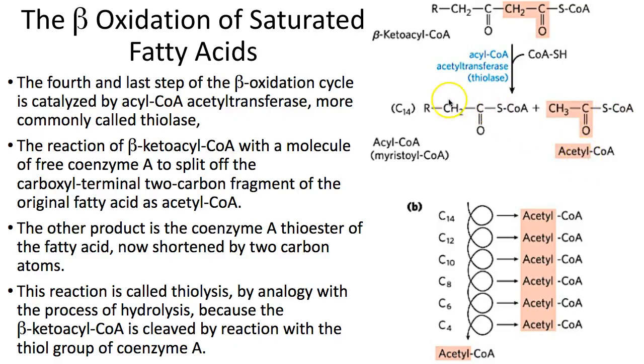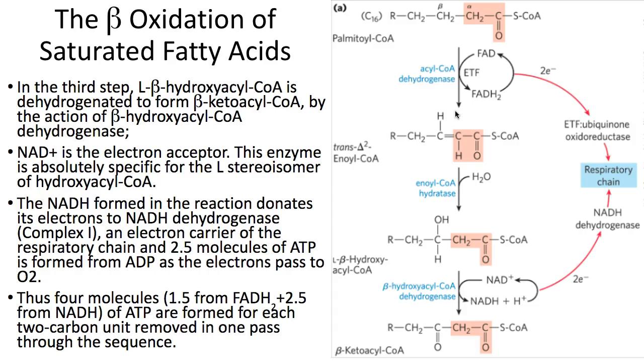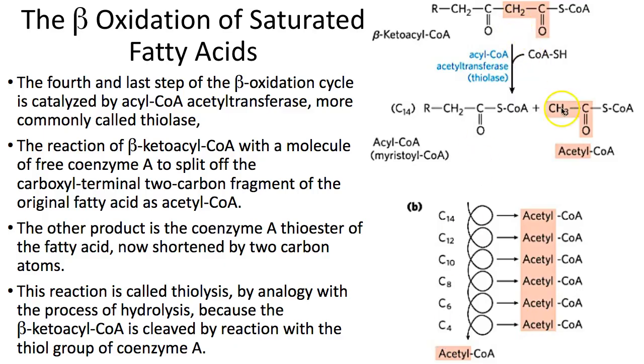And then from here, it goes through the process all over again, where it gets oxidized, produces the double bond between the alpha and the beta carbon, and then from there water is added to produce the hydroxyl group, and then oxidation happens again to produce the carbonyl group, and now it can be cleaved again to produce acetyl coenzyme A. And so this loop happens over and over, and it goes in pairs of 2.